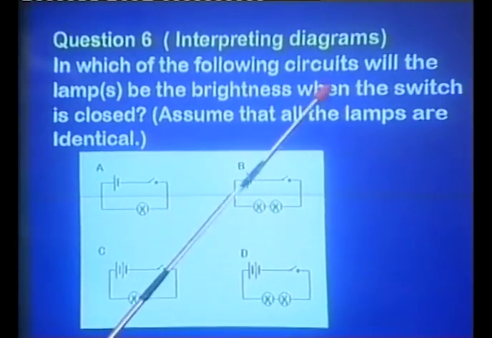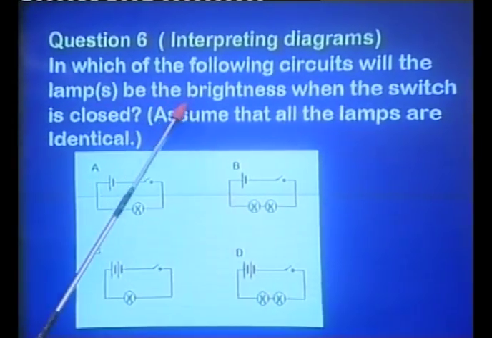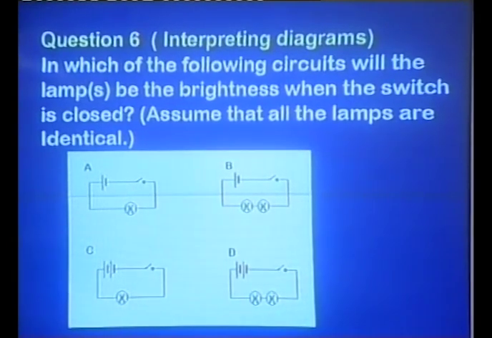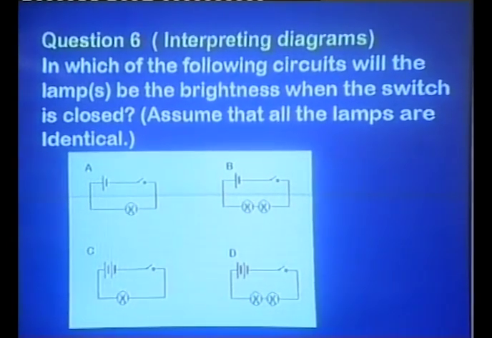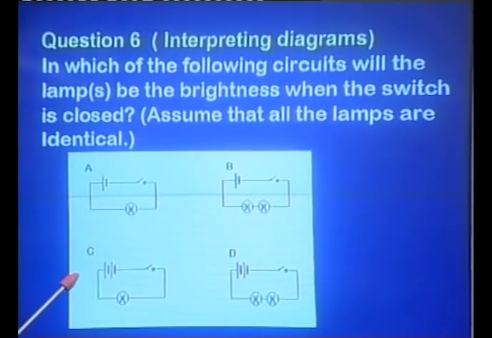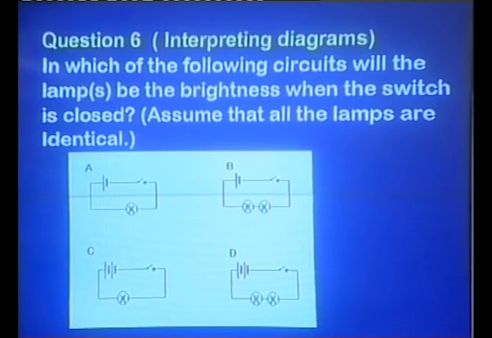In which of the following circuits will the lamps be the brightest when the switch is closed? Assume that all the lamps are identical. So the lamps are the same. Our question is, which of the lamps will be the brightest?